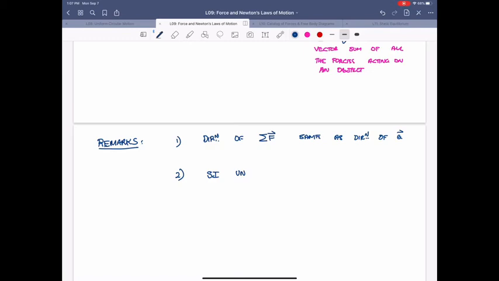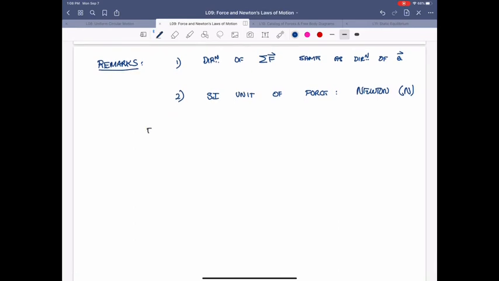Let's focus on the SI unit of force, which is a Newton, obviously named after Newton. From Newton's second law, which we just wrote down, we know that the net force is mass times acceleration. So this allows you to write the unit of force in terms of the basic or fundamental units.